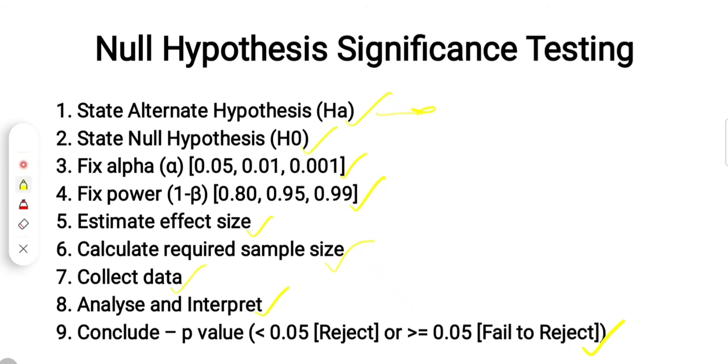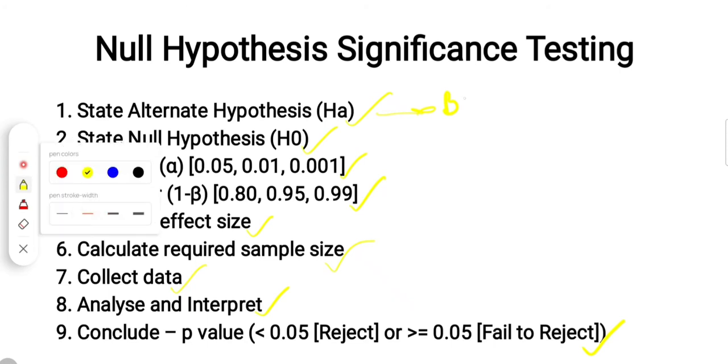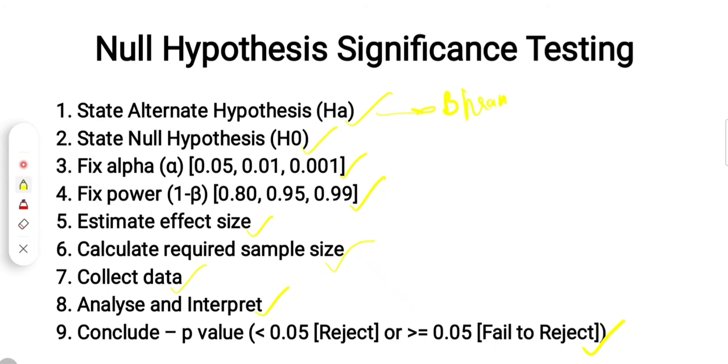The alternative is Brahmari improves memory. When we state the null hypothesis, it's just the opposite of the alternative. We say Brahmari does not improve memory. Simple.